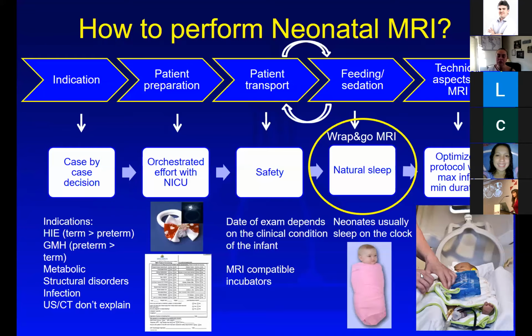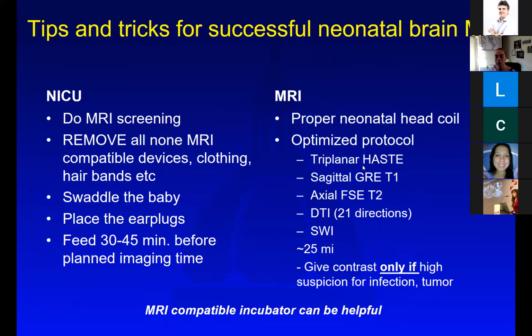In terms of the protocol, we typically perform triplanar HASTE. HASTE is a quick T2-weighted imaging, as you know. In the developing brain, the immature myelination creates a really good gray-white matter differentiation on the HASTE. So we start with the HASTE, and we are cognizant of the fact that we are imaging this child while they are sleeping, so we want to get as many diagnostic sequences as we can.